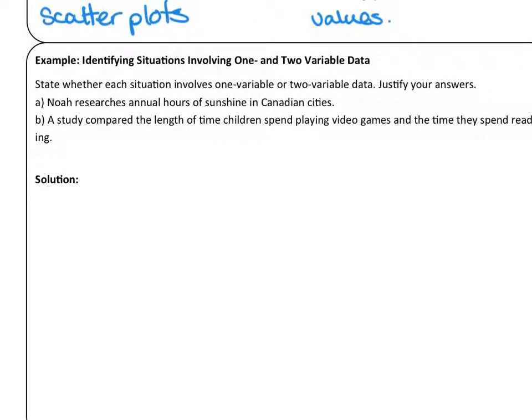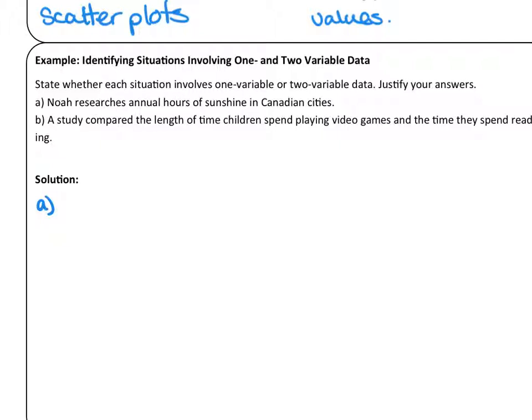What we're going to do is a couple of examples. In the first example, we're going to identify situations involving one and two variable data. So we're going to state whether each situation involves one variable or two variable data and why. So let's look at the first example. A, NOAA researches annual hours of sunshine in Canadian cities.